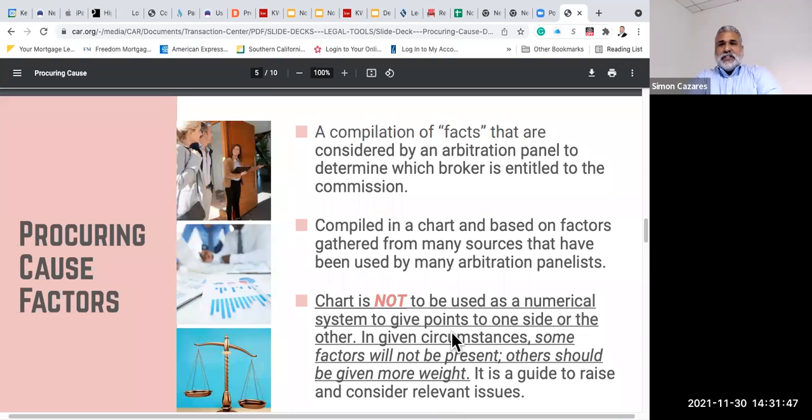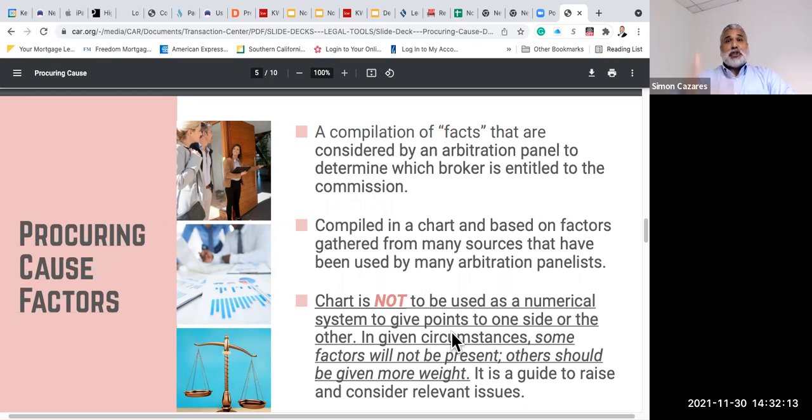The compelling factors chart is based on factors gathered from many sources that have been used by many arbitrators. The cool thing is that the California Association of Realtors has a booklet you can download as a PDF, which gives you step-by-step instructions, case studies, and samples of how to prepare for an arbitration.